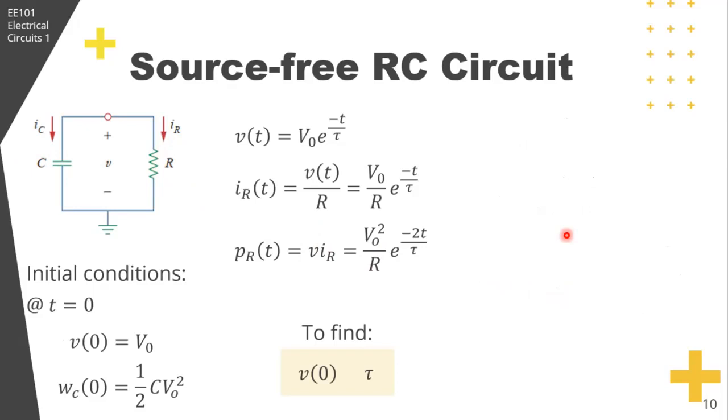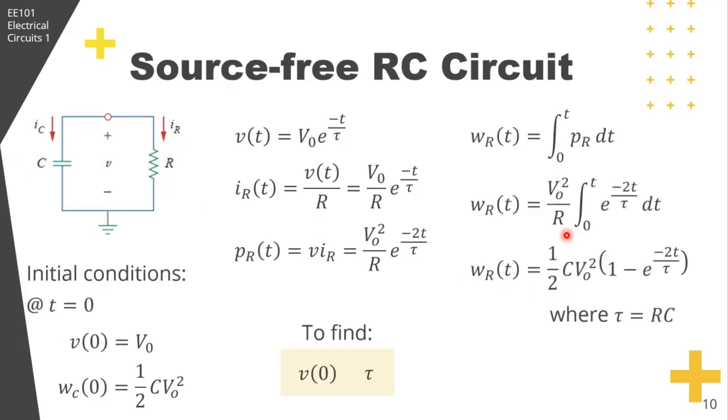Okay, so in summary, para sa source-free RC circuit, remember this, the key to working with a source-free RC circuit is, una, pangitaon ninyo ang V sub 0. That is V at time equal to 0, that's equal to V sub 0 across your capacitor. Kaduha, pangitaon ninyo ang time constant tau.